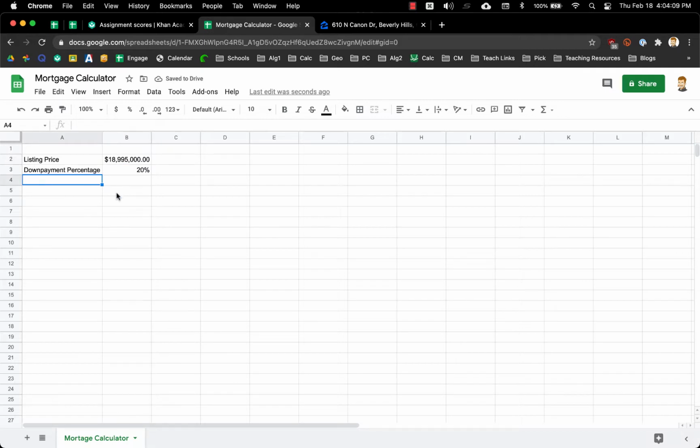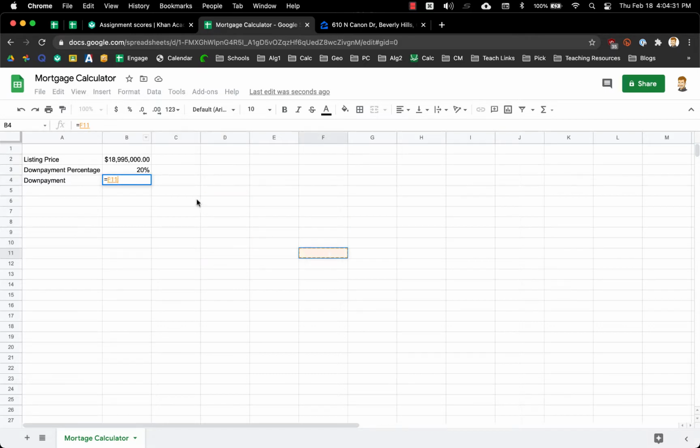All right, now it's time to calculate your actual down payment. You have the percentage. Let Google Sheets do the math for you. I want to know the actual price that I'm going to pay here. And now we're going to start using our first formula. I'm going to type in equals. Whenever I type equals, this is now a formula. I can just click on cells.